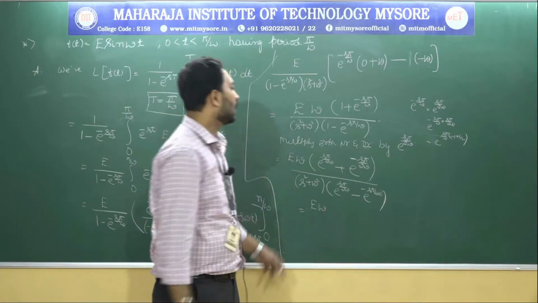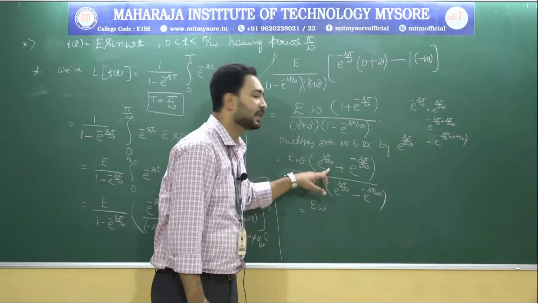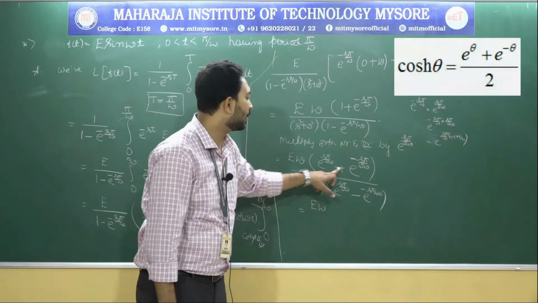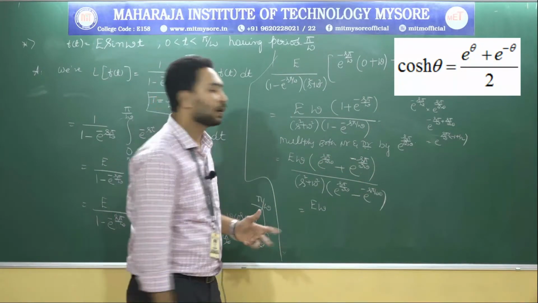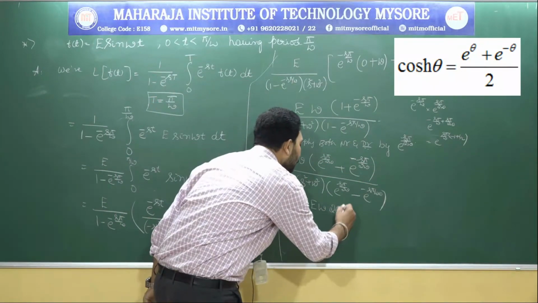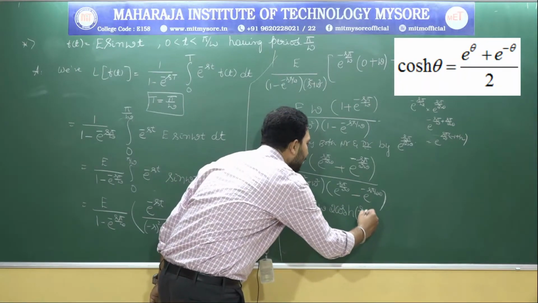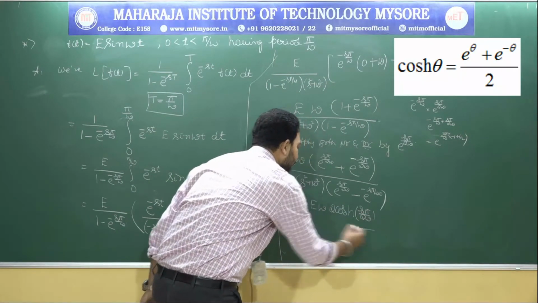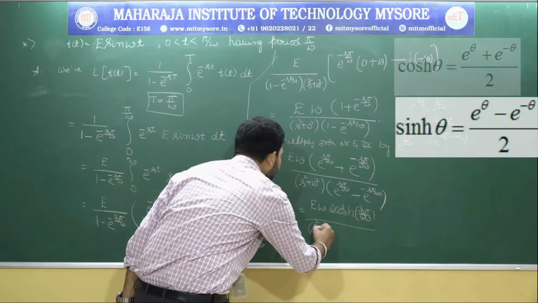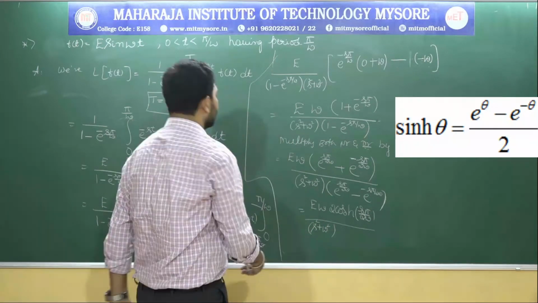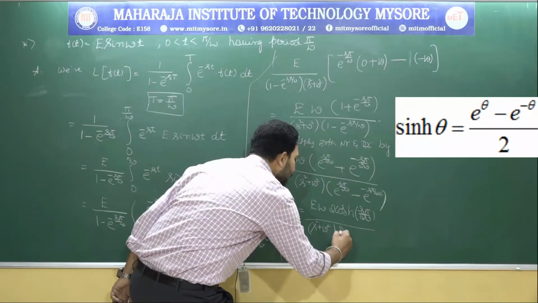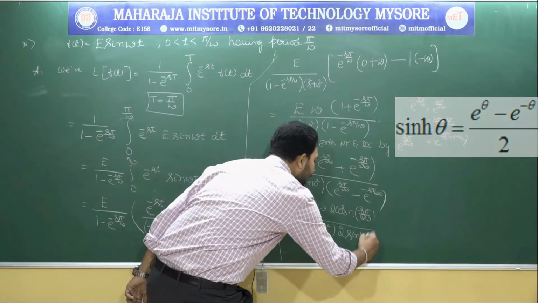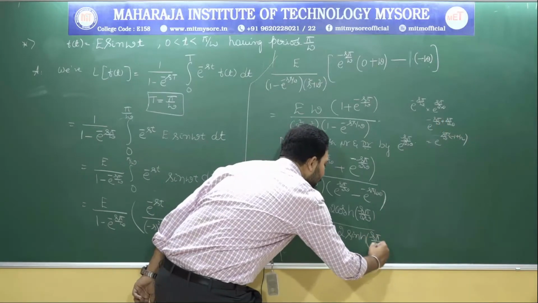e omega into, I can write this as it is in the form of e power theta plus e power minus theta. What is the formula of e power theta plus e power minus theta? It is 2 into cos hyperbolic theta. Similarly, in the denominator, e power theta minus e power minus theta is 2 into sin hyperbolic theta.